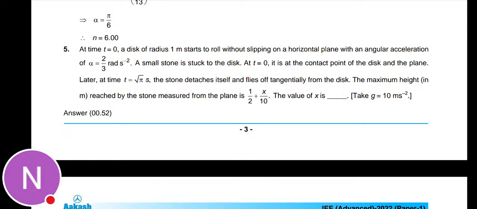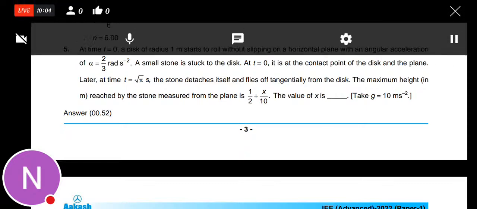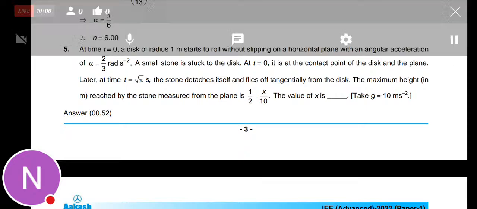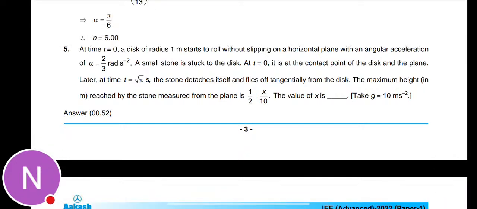A small stone is stuck to the disk at t equal to 0, at the contact point of the disk and the plane. Later, at the time t equal to √π seconds, the stone detaches itself and flies off tangentially from the disk. The maximum height in meter reached by the stone measured from the plane is 1/2 plus x/10. The value of x we have to find.